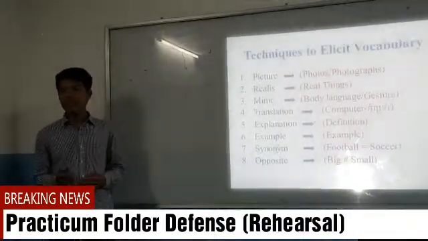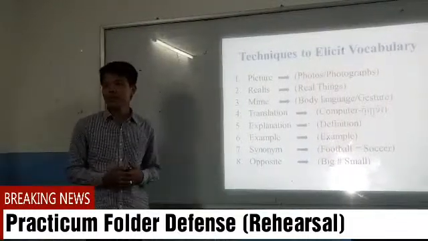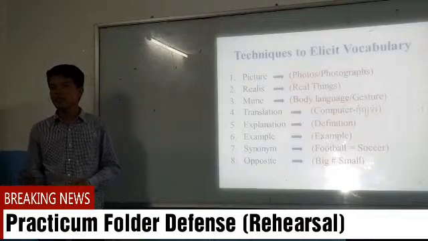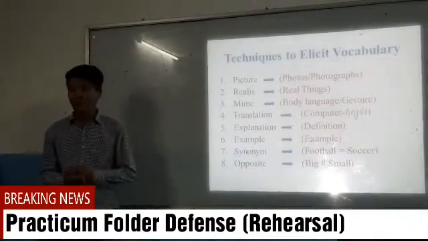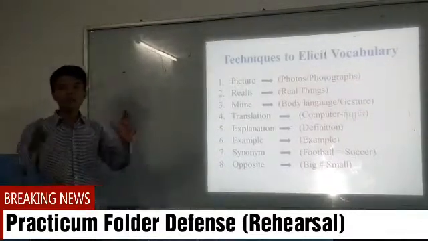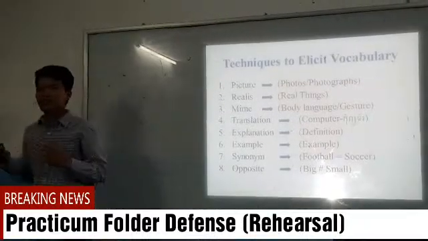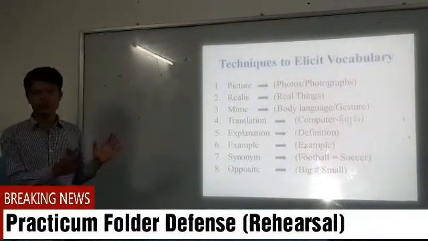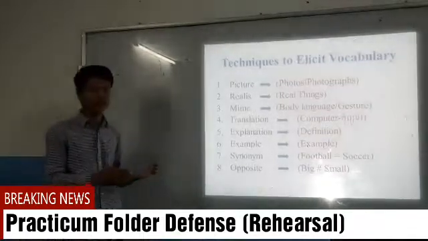There are many techniques to explain vocabulary to the students. For the first, pictures: showing the students a picture and explaining the words that the students don't know.